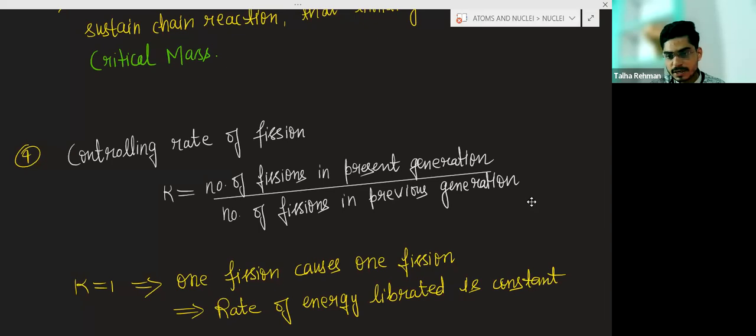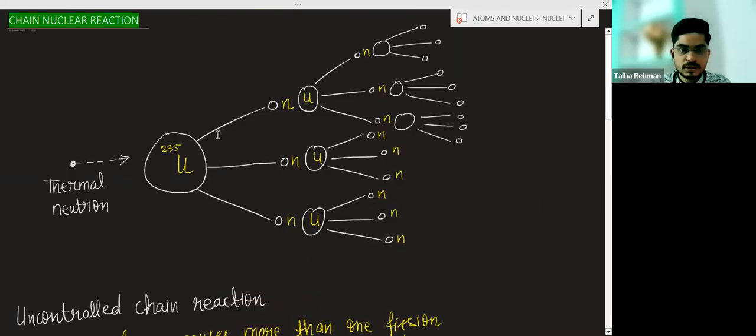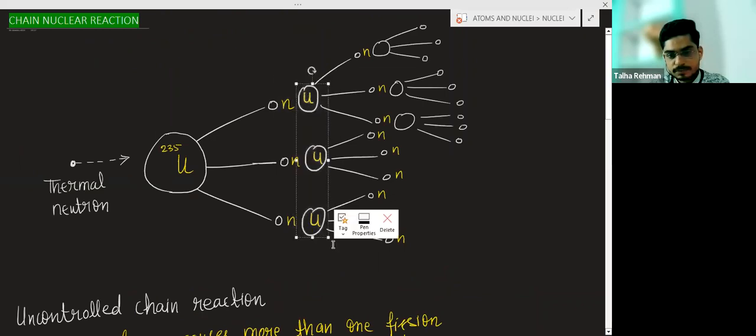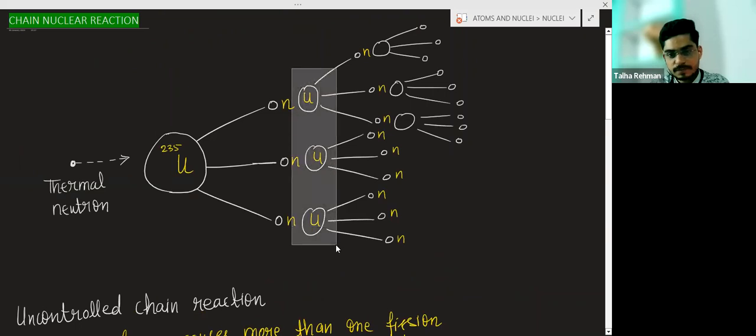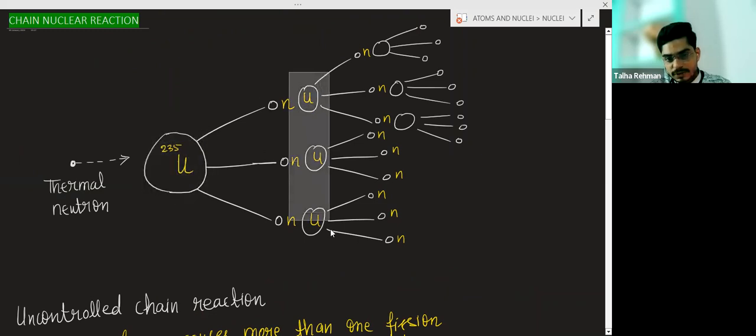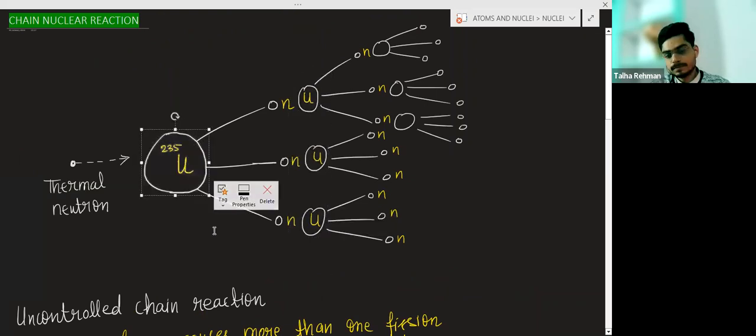So this we can explain with the help of this diagram. Suppose right now we are here. This is the number of fission in the present generation, 3. And these are the fission in the present generation, and these are the fission in the previous generation.